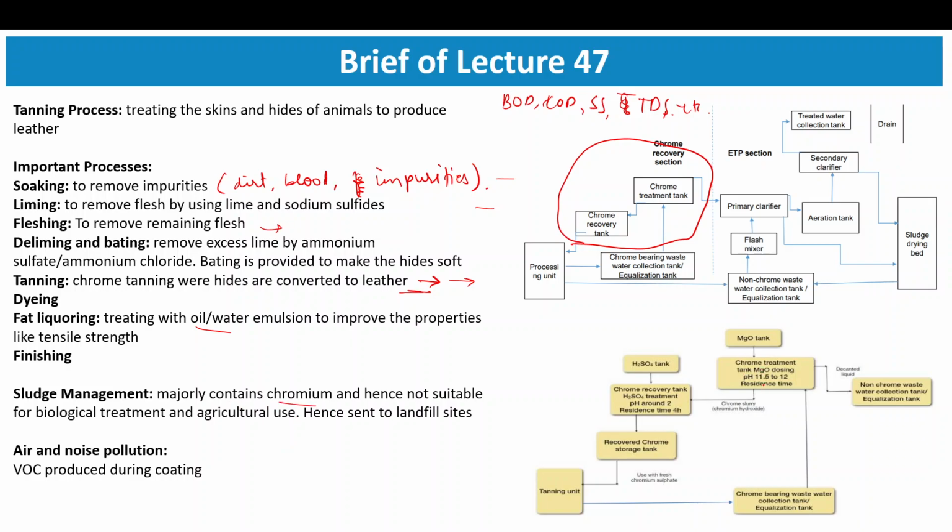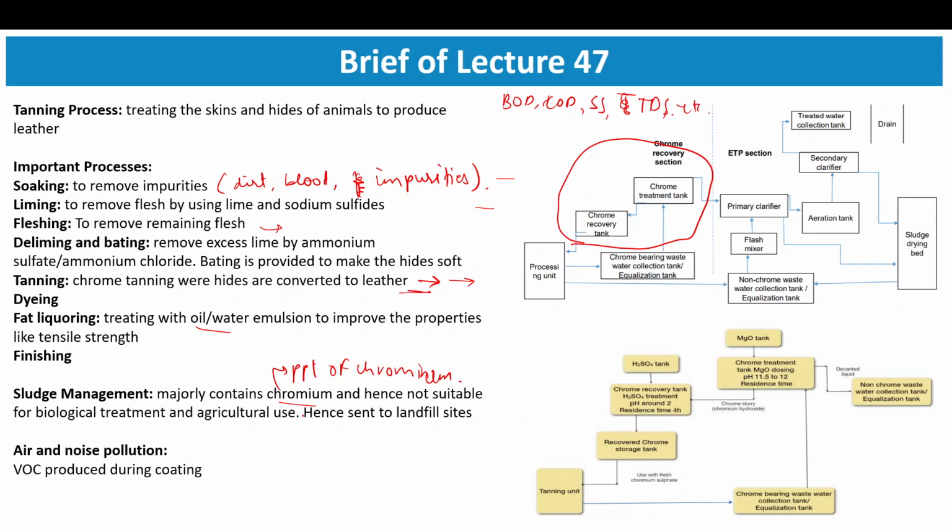The sludge obtained in the industry mainly contains chromium. As we know, chromium is precipitated, so precipitates of chromium are obtained. And as this chromium salt is very harmful and poses much hazard, it cannot be directly used for biological treatment or agricultural use, which we often do for sludge that is easily degradable or less harmful.